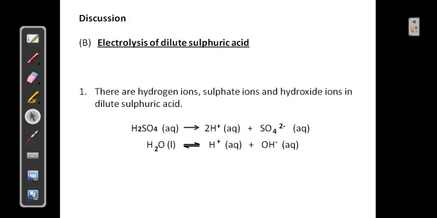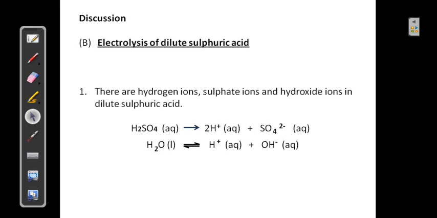So B, when we look at the electrolysis of the dilute sulfuric acid, there are hydrogen ions, sulfate ions and hydroxide ions in the dilute sulfuric acid. As you can see here, H2SO4 in aqueous form will yield 2 hydrogen ions, 2H+ in aqueous, and SO4 2- in aqueous.